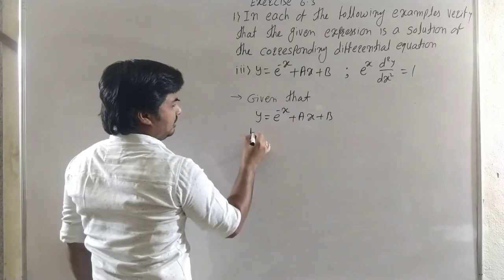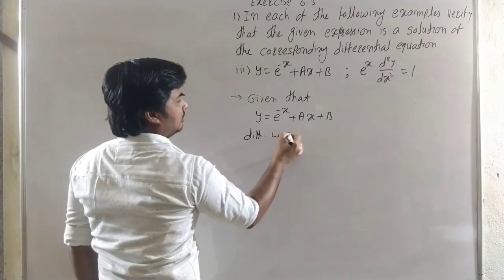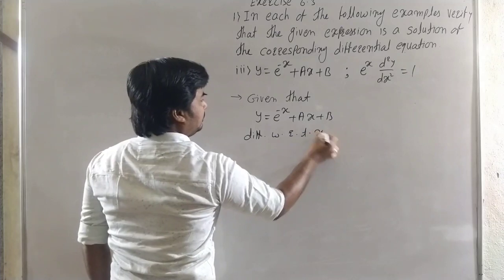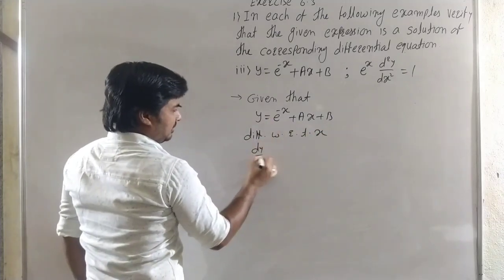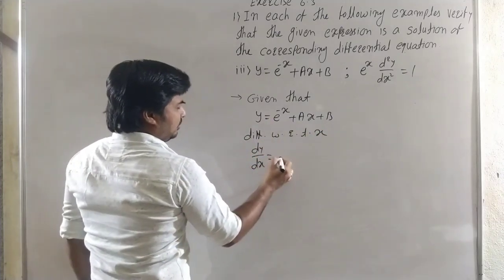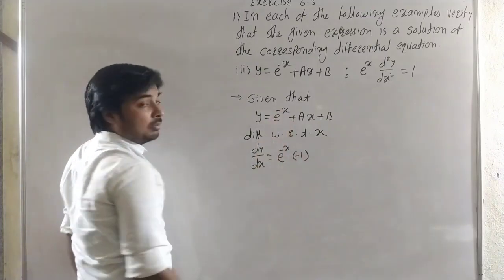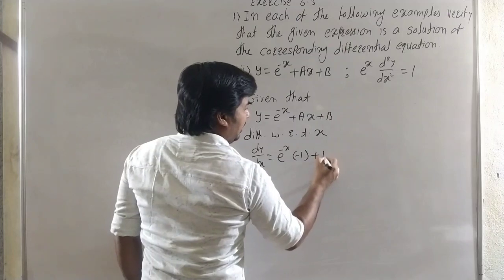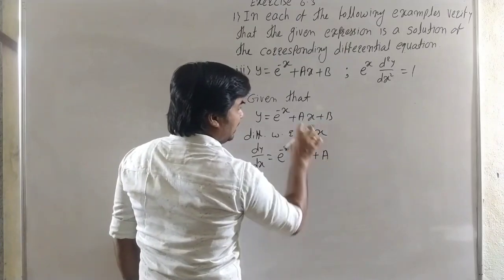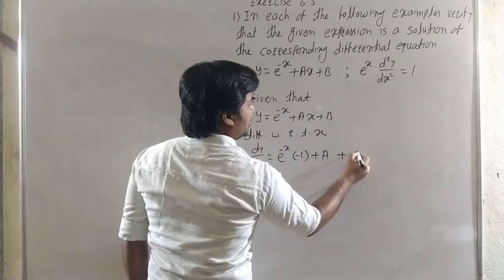Differentiate with respect to x. dy by dx is equal to e to the power minus x into minus 1, the derivative of minus x, plus a into derivative of ax, a into 1, and plus it is a 0.